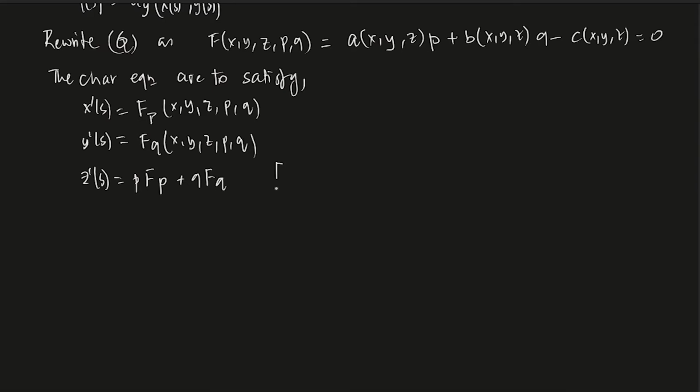Because f_p is a and f_q is b, so p f_p is p a, and therefore it is p a plus q b. You see, p a plus q b is c, which is c. So that is why we write z prime of s like this.